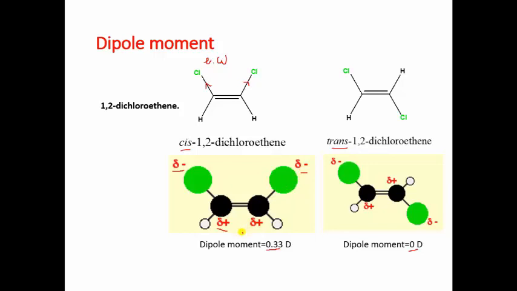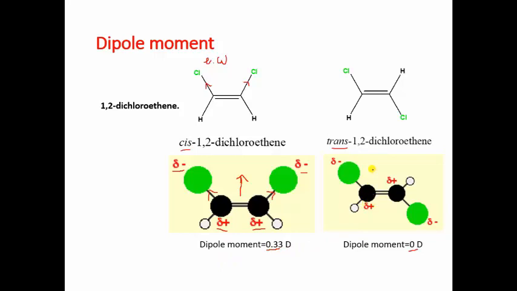It pulls the electron towards it in the same direction, from one side of the double bond. So there is a movement of charge from one side, and it has a dipole moment of 0.33.